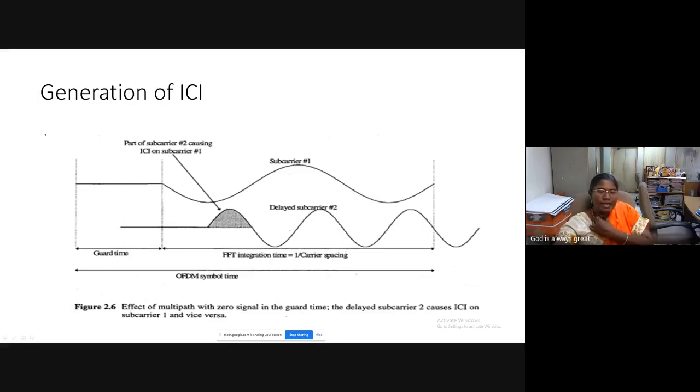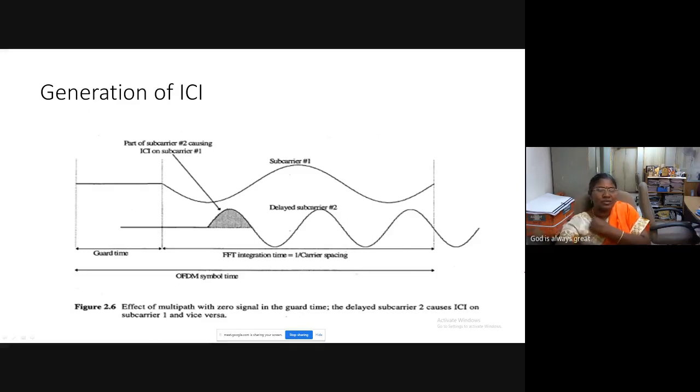So in the guard time, right, since subcarriers are of varying frequencies, each frequency signal is going to travel at a different speed. Subcarrier 1 will be the slowest. The Nth subcarrier will be the highest, moving at a very high speed.